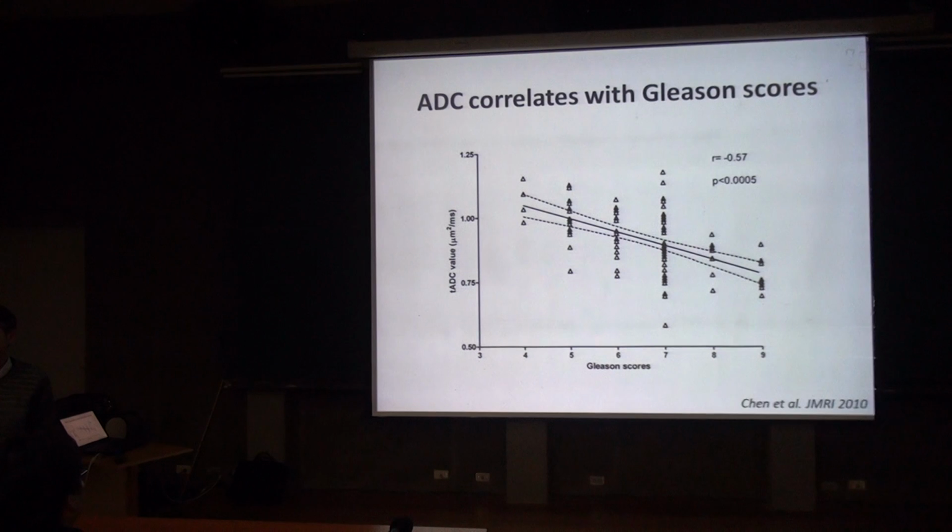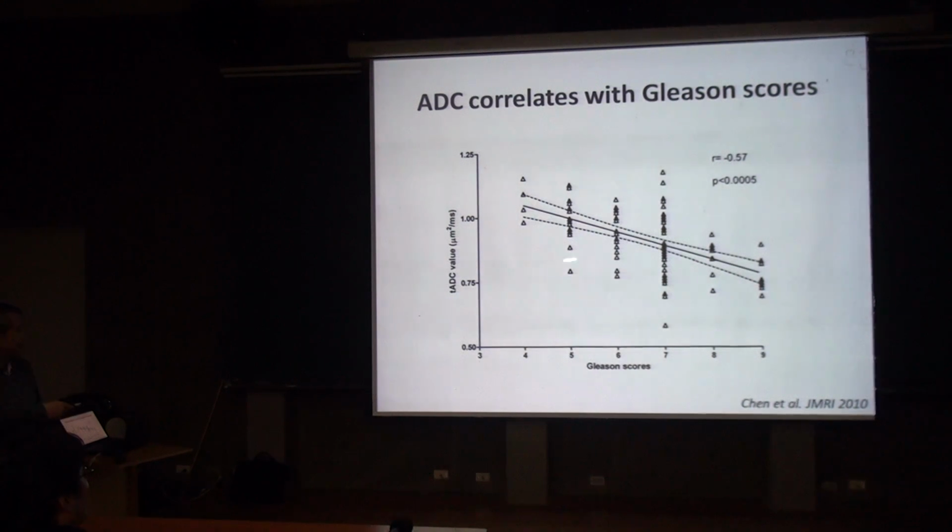From microscopy, you can see the nuclei are very large, and the cancer cells are very bizarre looking. And this is the grade 9. So we have Gleason score to categorize how advanced this cancer is. This is the pathology, okay?